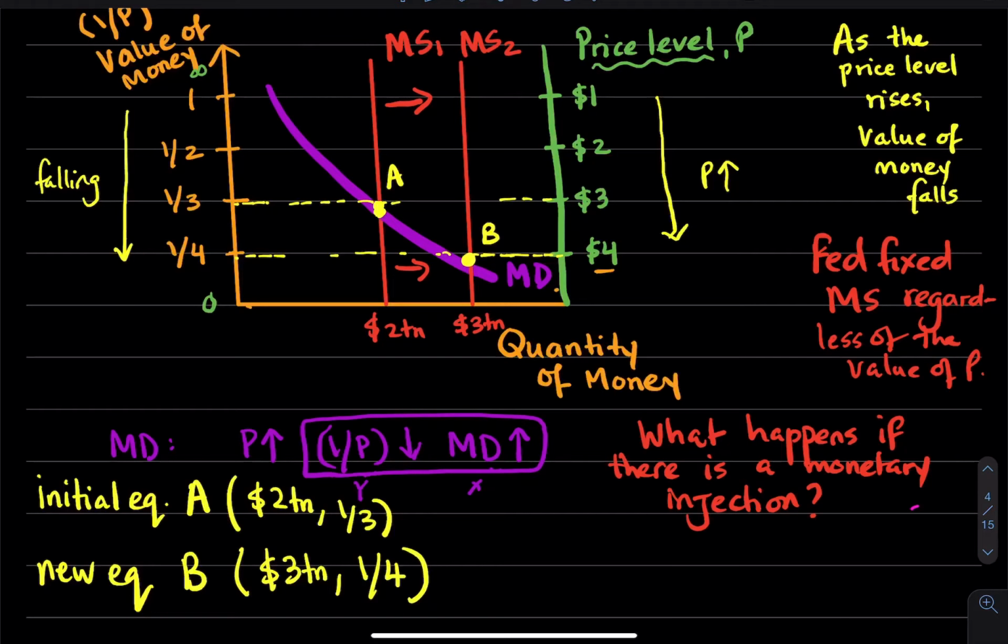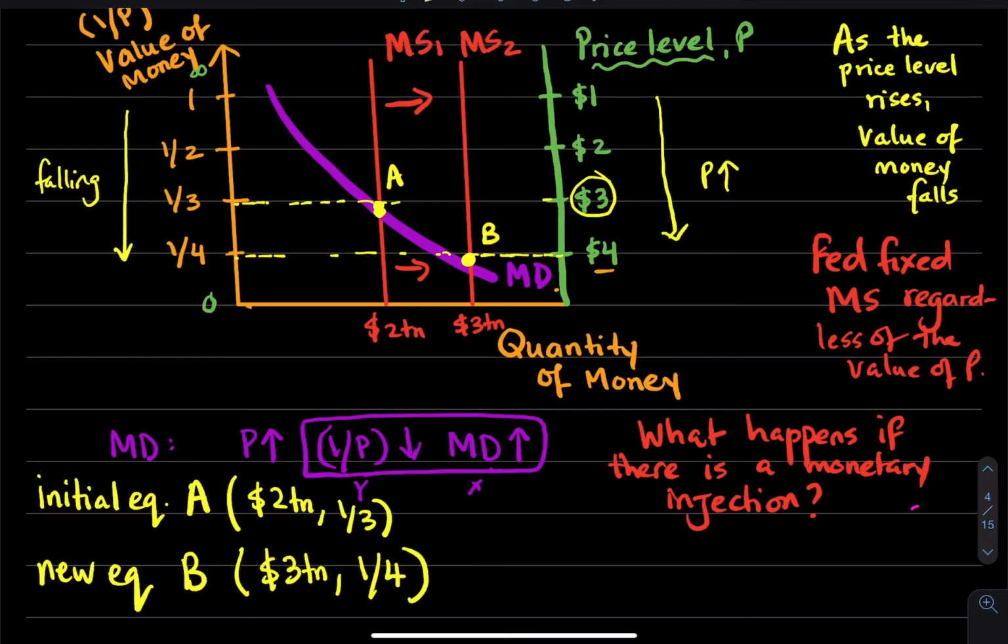So what we're seeing here is that there is some sort of a mechanism going on. What's going on in the graph? Why is the value of money falling? When you think about this initial price level, which is $3, an increase in money supply causes an excess supply of money in the system.